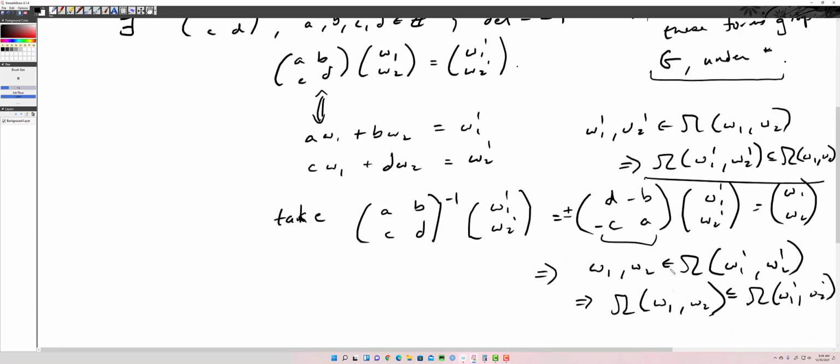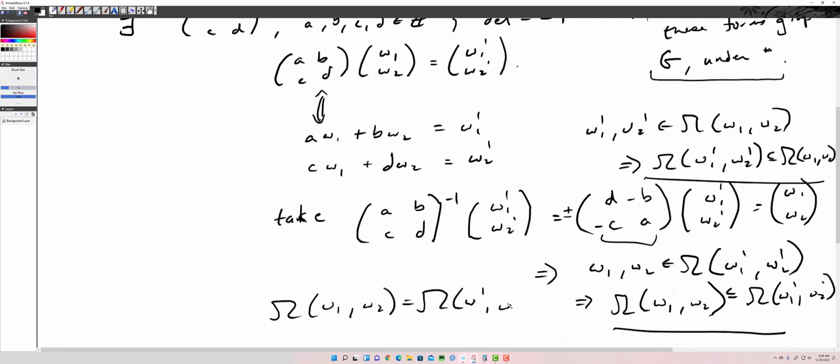And so we have this and we have this, which means that the two lattices are the same. And that's it.